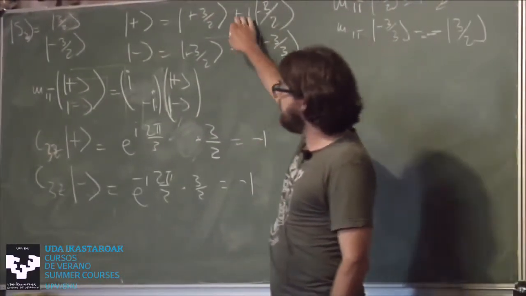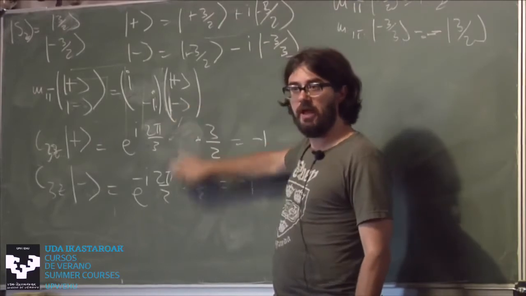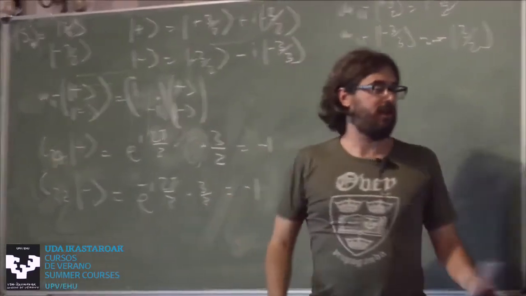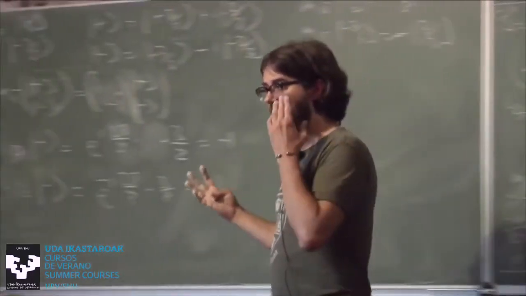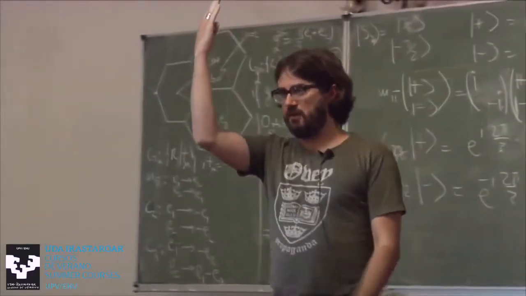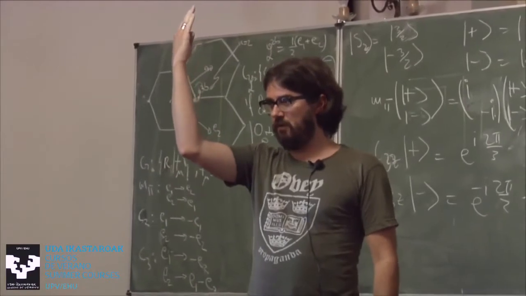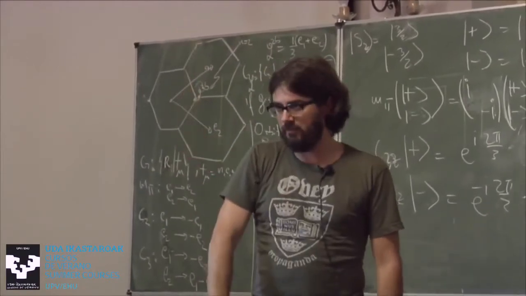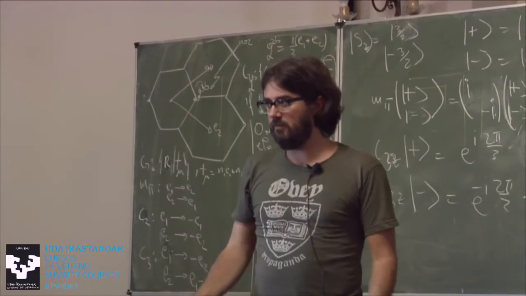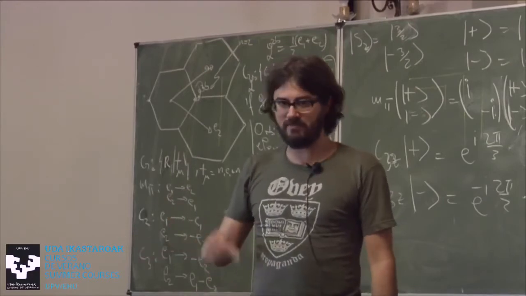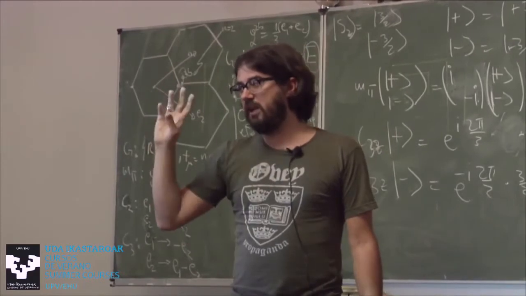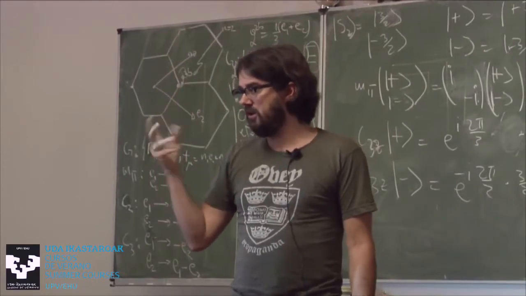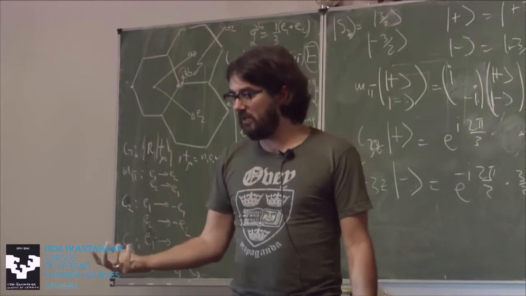So you can see that these states are diagonal under both mirror and C3. And this is very easy to understand. These are spin 3/2 states. The difference between spin 3/2 up and spin minus 3/2 is what angular momentum? 3/2 minus minus 3/2, 3. A C3 rotation cannot distinguish angular momentum 3.